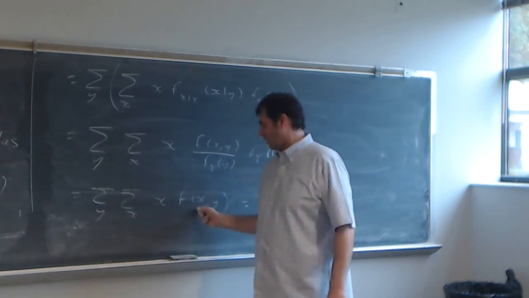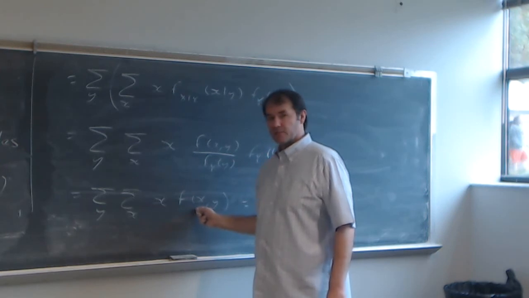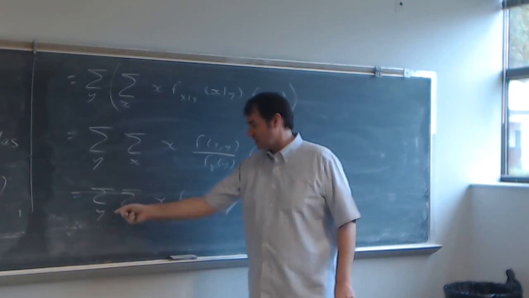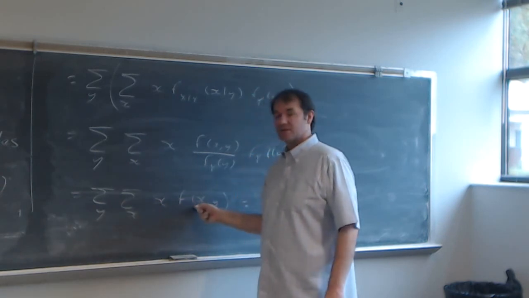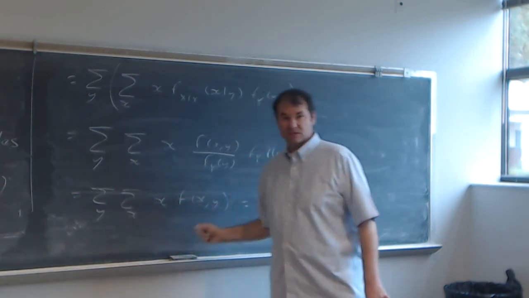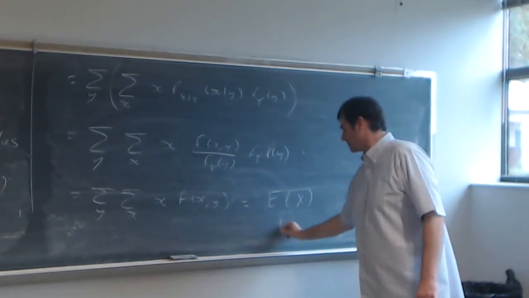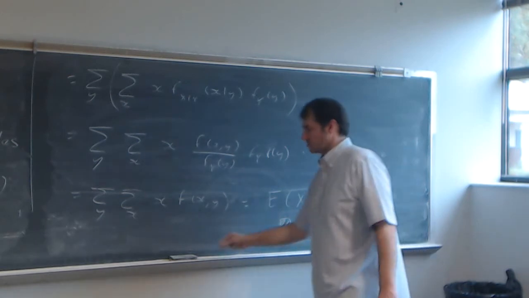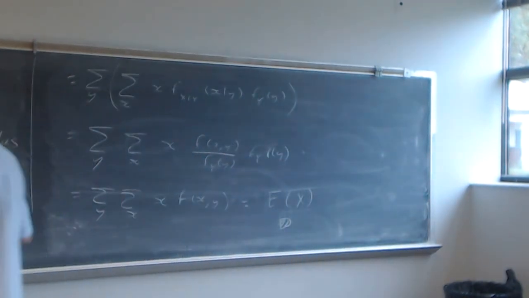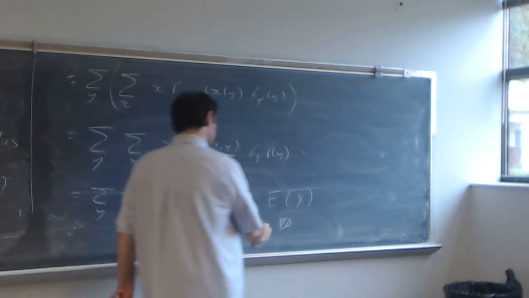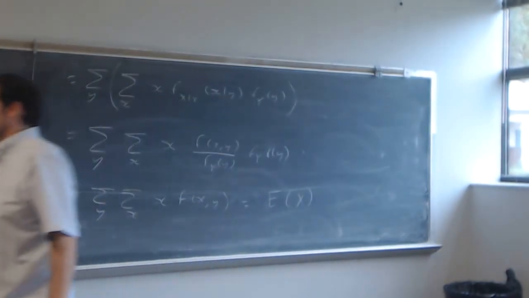The sum over the y's of the joint is nothing more than the marginal of x, or the PMF of x. So you have the sum over the x's of x times the PMF of x, and that, of course, is the expected value of x. But I'm just going to say, hey, we already know this is the expected value of x.